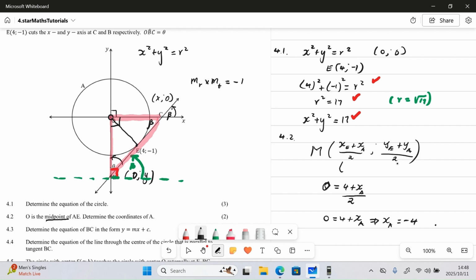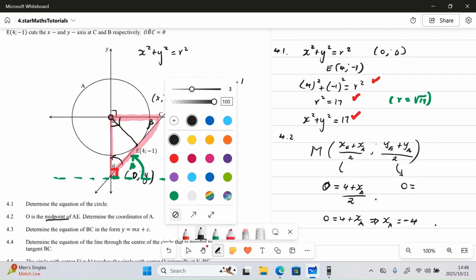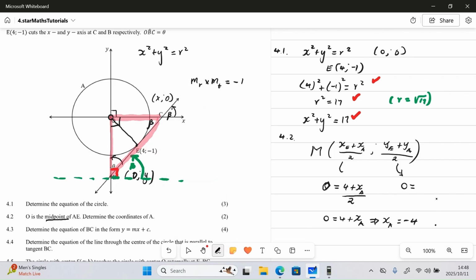Same thing, if I'm given the midpoint of y is 0, then y at E is how much? Do we have y at E? y at E is -1, then plus y at A. Cross multiplication, we get 0, then y at A is equal to +1.